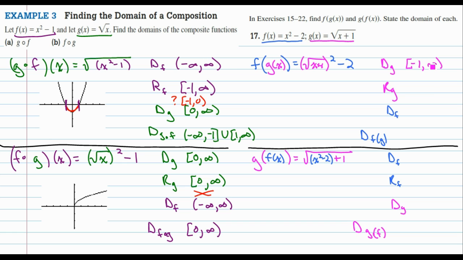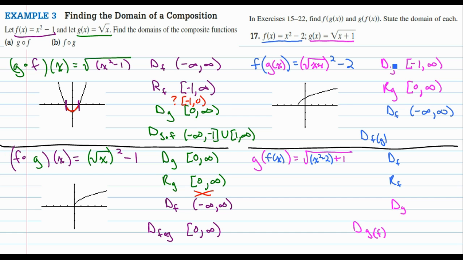Now we have to see if any of the range values of that g function won't be able to get plugged in to the f function. The range of my g function is 0 all the way up to positive infinity, and the domain of my f function, which is just a parabola, is all real numbers.